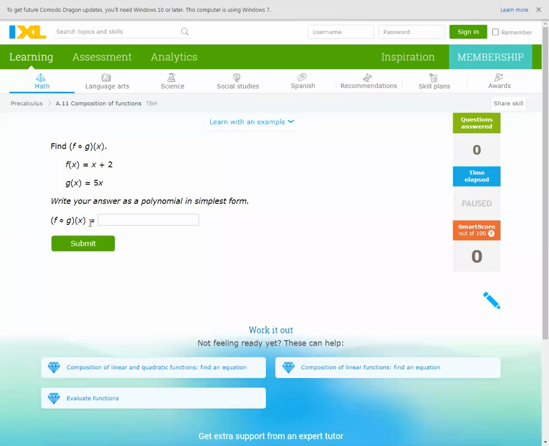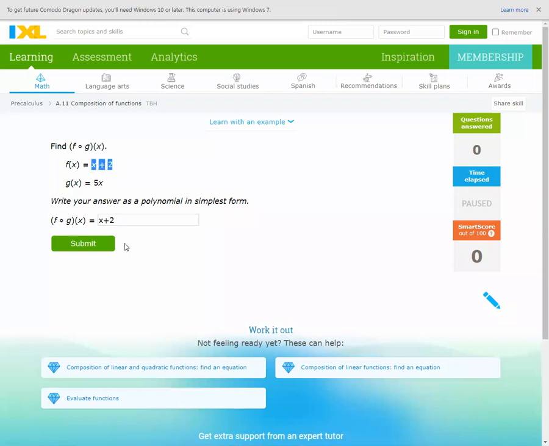First of all, the first function here is x plus 2. This is the first function, f of x.